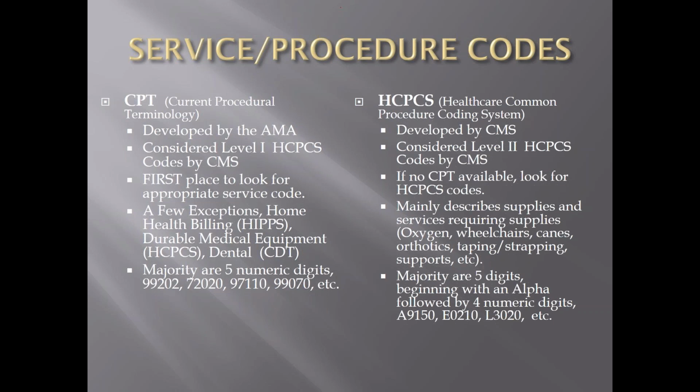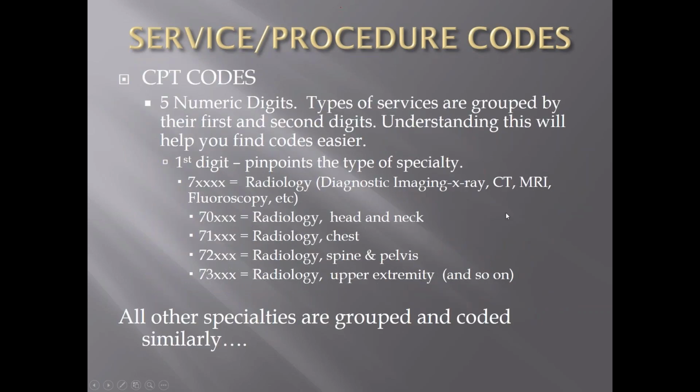Mainly, the HCPCS codes are going to be descriptions of supplies and services requiring supplies, such as oxygen, wheelchairs, canes, orthotics, taping, strapping, supports, etc. And the majority of HCPCS codes are 5-digit codes, beginning with a letter and followed by 4 numeric digits, such as the ones you see here, like A9150, E0210, L3020, and so on and so forth. And so those are the two service code sets that you would generally be working out of.